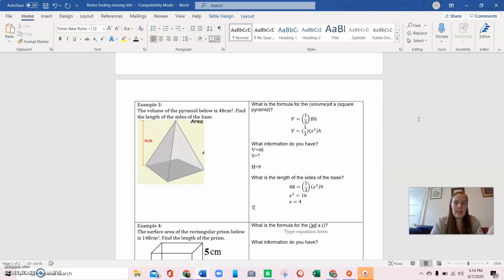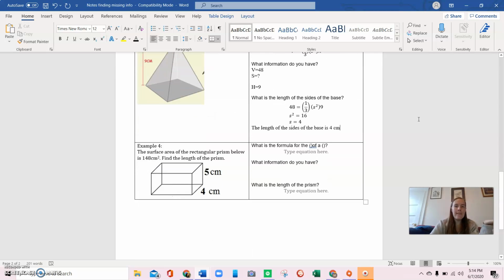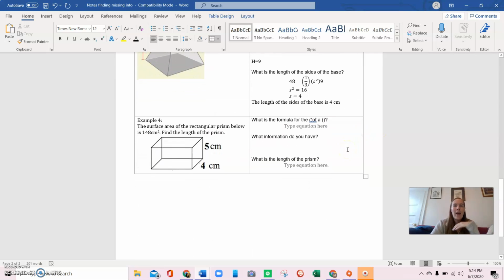So that means the length of the sides of the base is 4 centimeters. And then the very last one, I want you to try it on your own. I'm just going to write the answer. So try this on your own first.